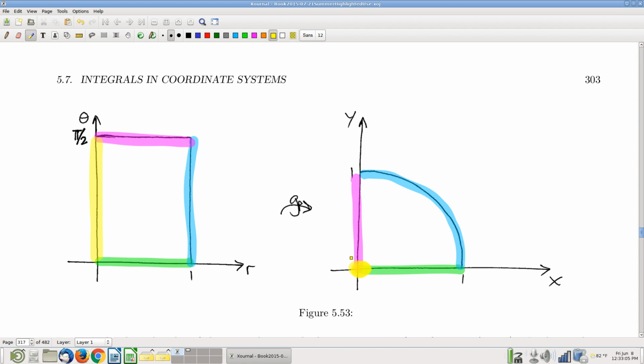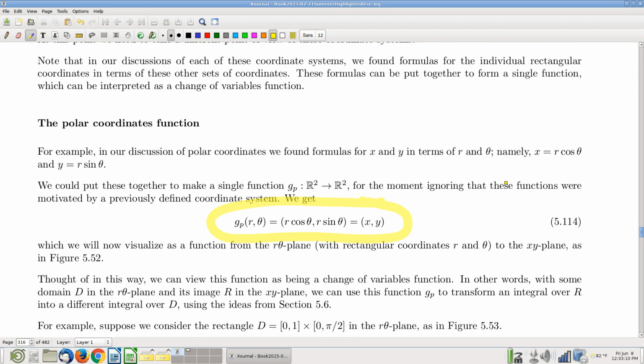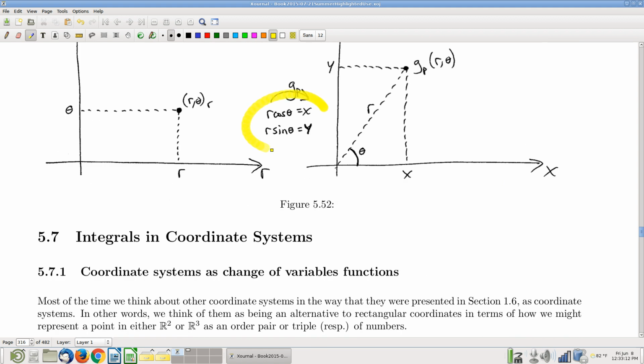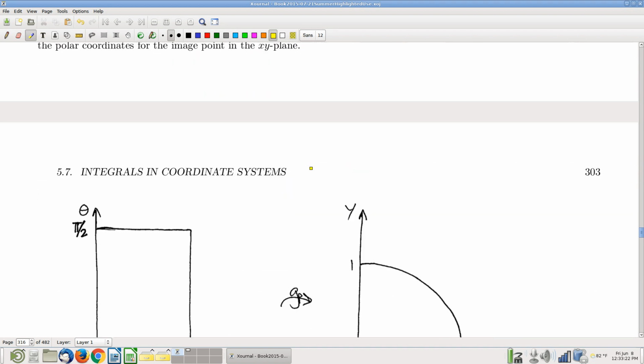Okay. All right. So it's a great pullback opportunity. So the moral of the story here is a change of coordinates function can be a very good change of variables function.